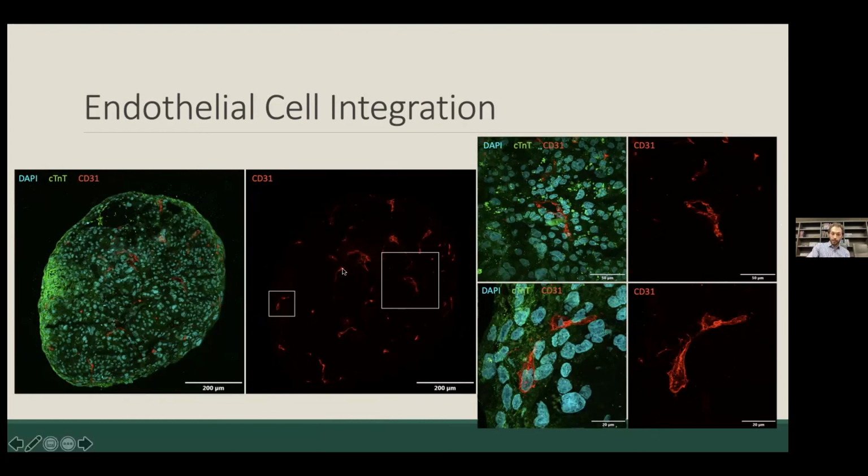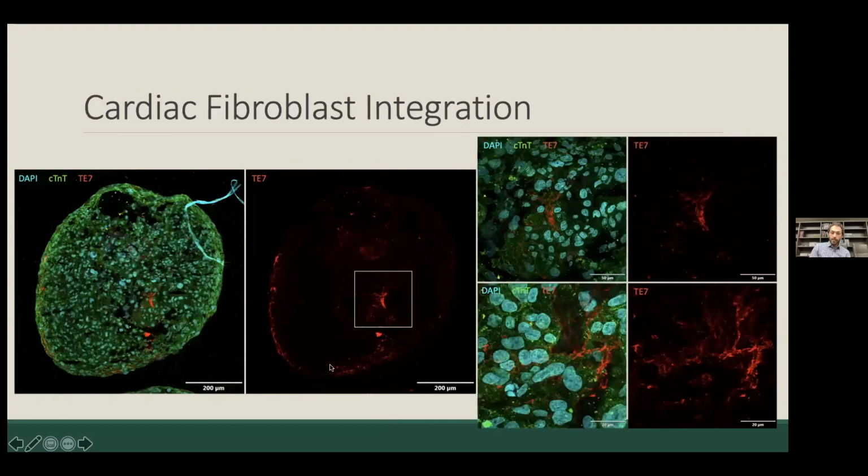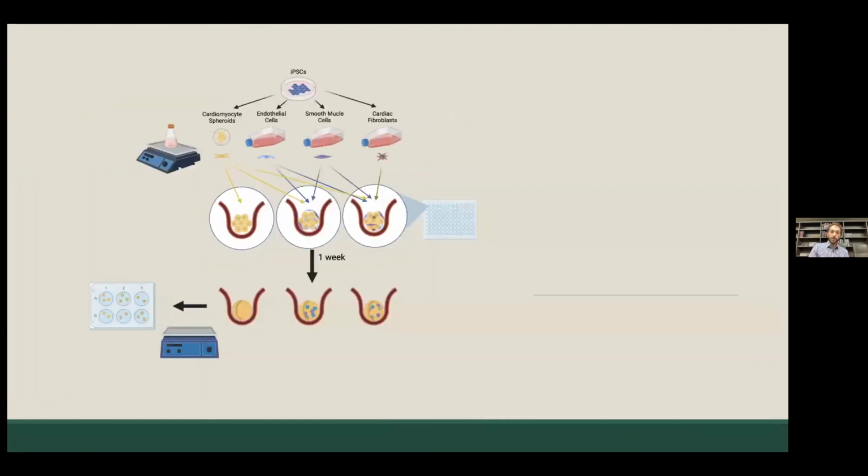And they're elongating and stretching throughout, as well as the fibroblasts, which you can see are sort of stitching the cells in the different tissues together and integrating, as other groups have shown, fairly closely with the cardiomyocytes themselves. So this is all very exciting and something we're continuing to explore further.